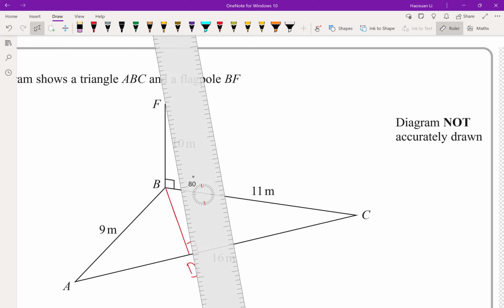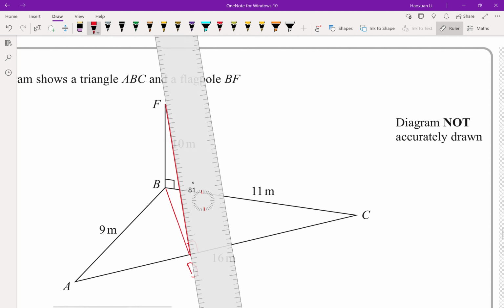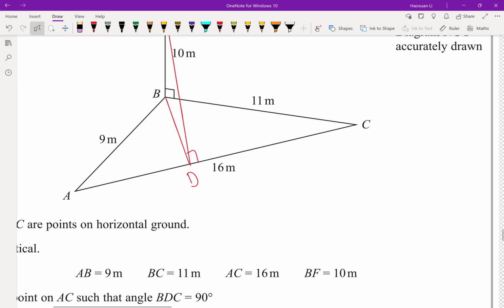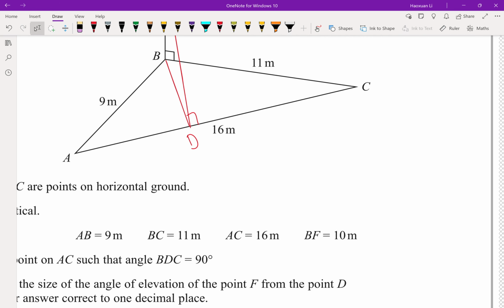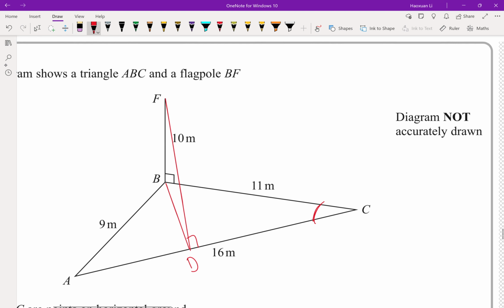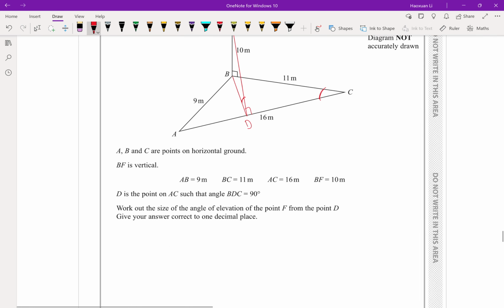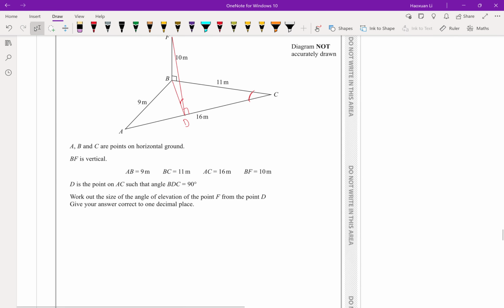So if we just connect this one in, now we can use the cosine rule to first find the angle here, then get the opposite, and then you can find the angle here using the 3D rule.